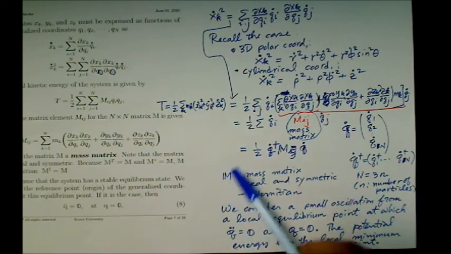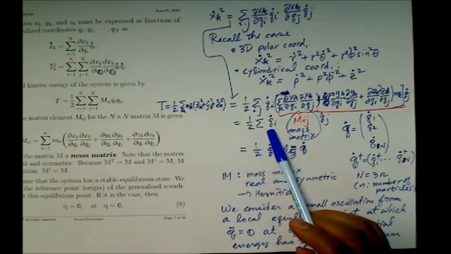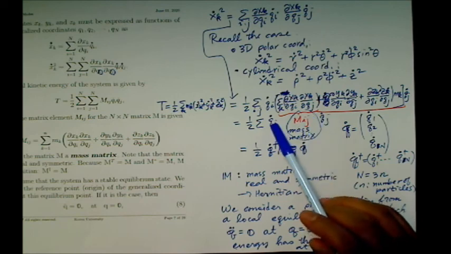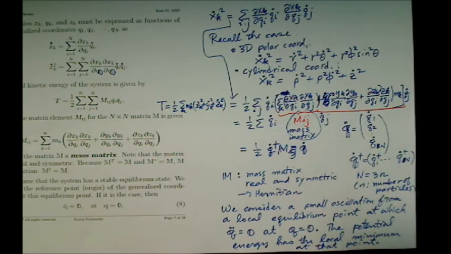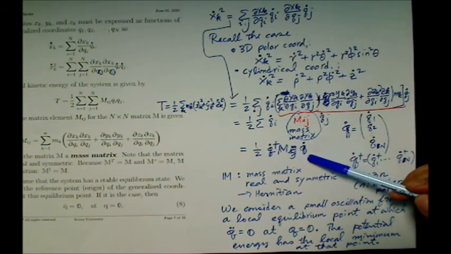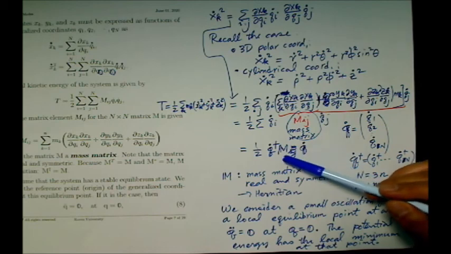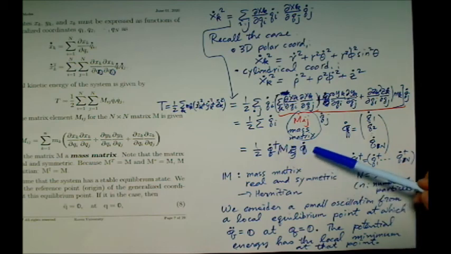We multiply qi dot and qj dot, the time derivatives of generalized coordinates. If we introduce a column vector whose elements are generalized coordinates, this complicated expression becomes very simple: 1/2 q dot dagger, mass matrix, q dot.